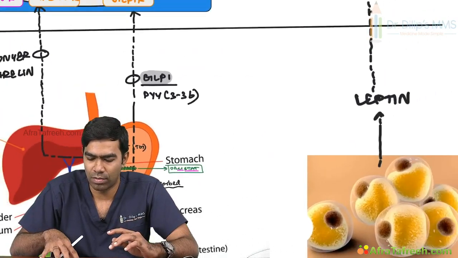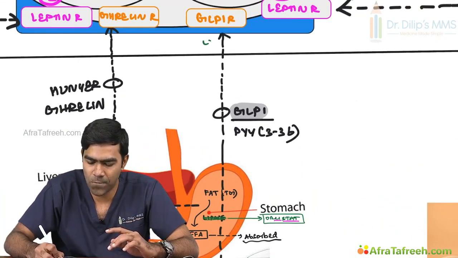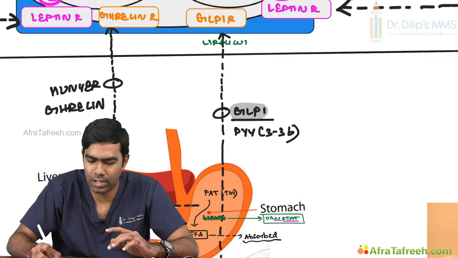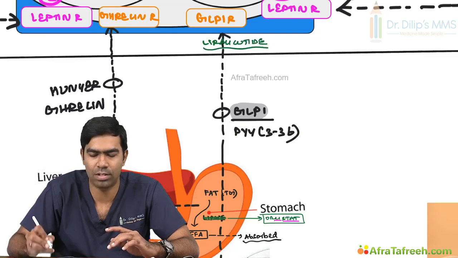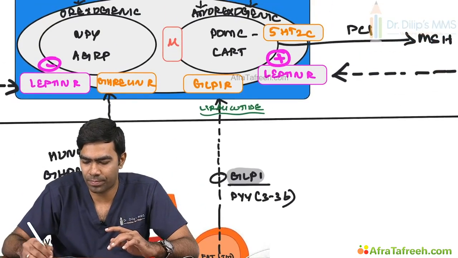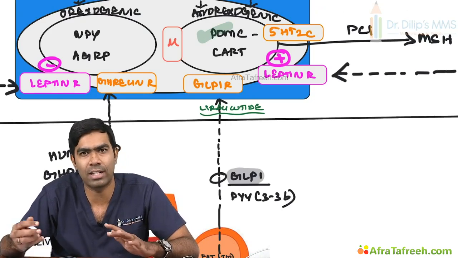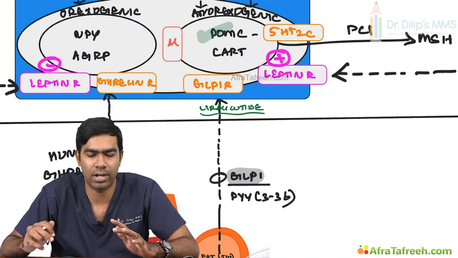Then you have a few other drugs. One of the most upcoming drugs is going to be liraglutide, which is a GLP-1 receptor agonist. So we know GLP-1 receptor agonists like liraglutide can work on the POMC CART pathway, and they can produce anorexia, increase satiety, reduce appetite, and hence weight loss.